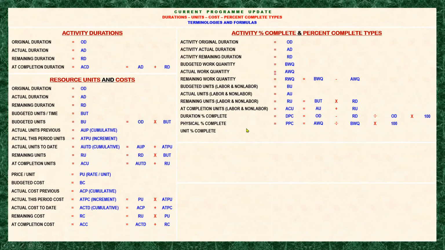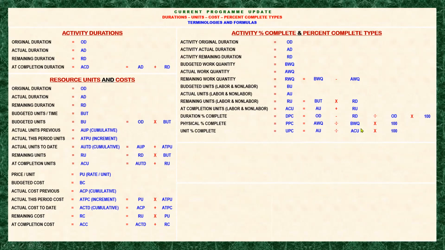And then we have the units percent complete. Here the units percent complete is the actual units cumulative divided by the at completion units. Remember that this is at completion units.